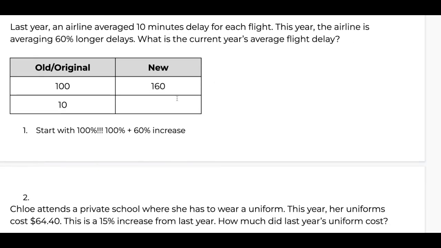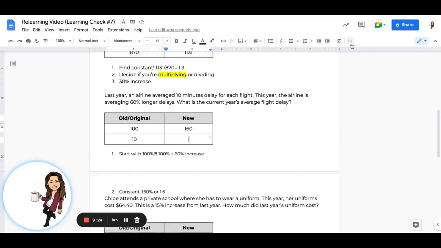And remember, your new percent, once you do the increase, that is your constant. So your constant is 160% or 1.6. If you are not sure how to get that number, it's okay. Once you've added the 160, if you don't know how I did that, all you have to do is divide backwards. So 160 divided by 100, and it'll give you that same number, okay? So then again, we're missing a number here.